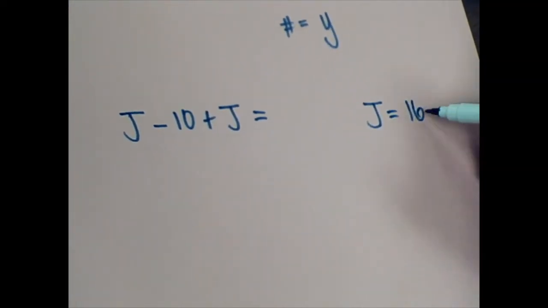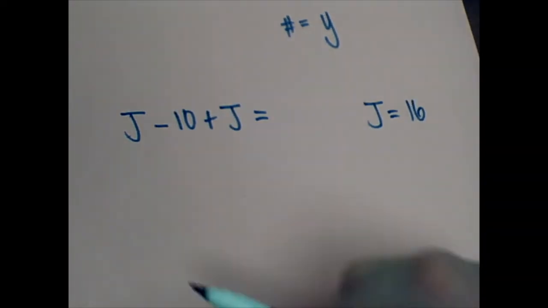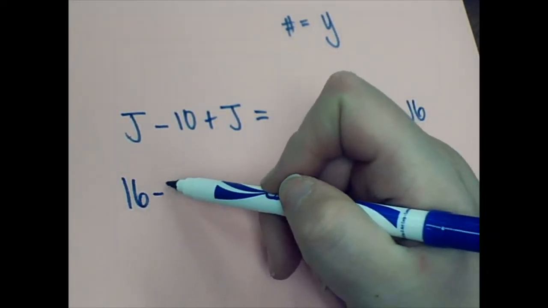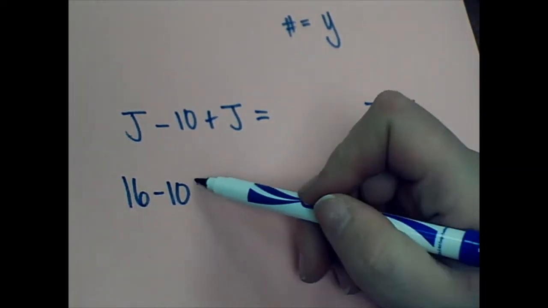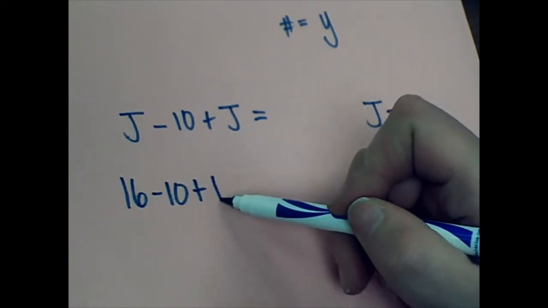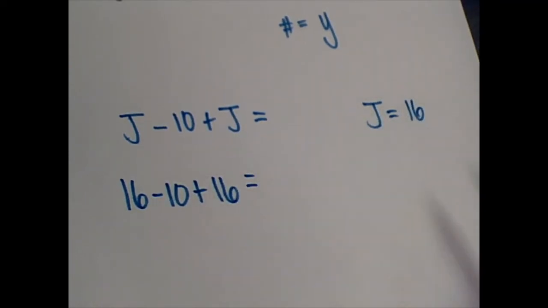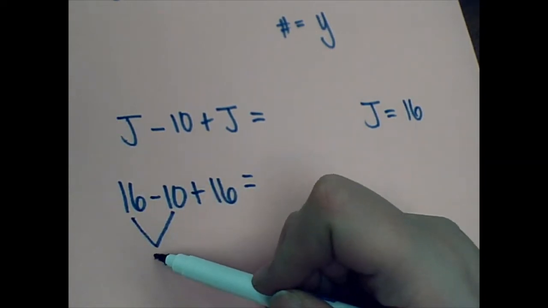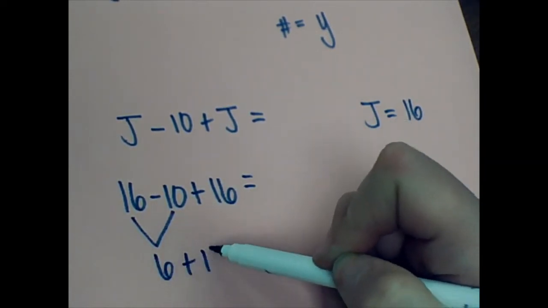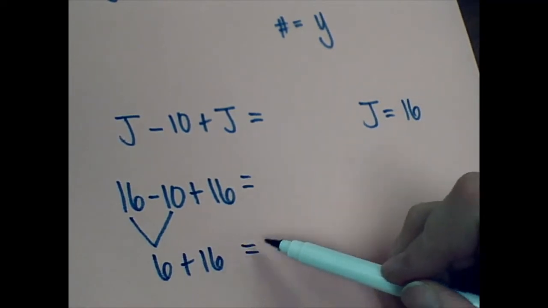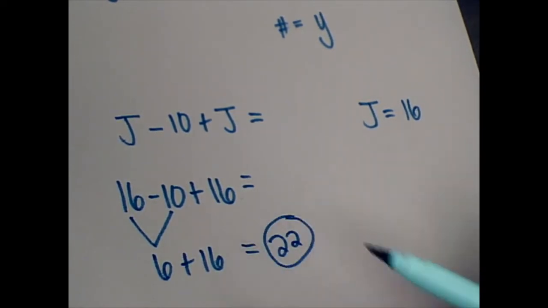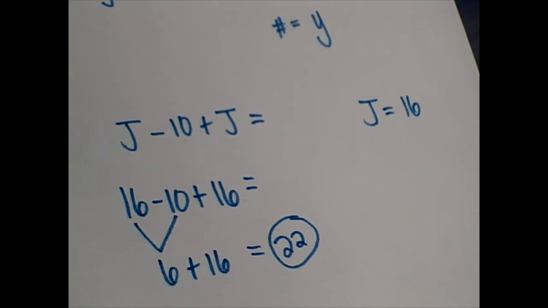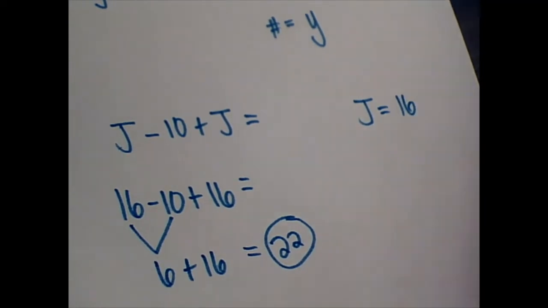So I'm going to go ahead and take that 16 and put it wherever the j is. So 16 minus 10 plus, what did we say j was equal to? 16. Let's see what we get. 16 minus 10 is 6. Drop the 6, plus 16, and I get 22. So my answer to that problem would be 22.